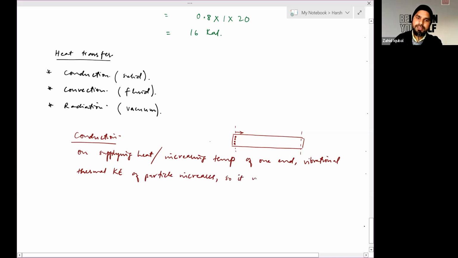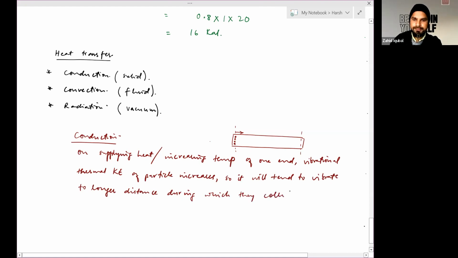So they tend to vibrate to a longer distance, during which they collide with neighboring particles and transfer their energy.